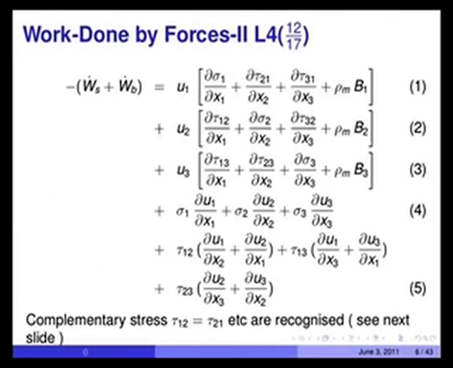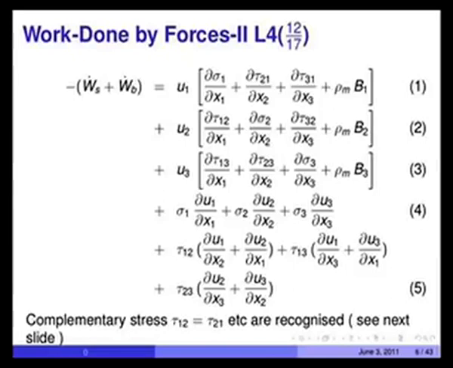So, the total work done will be u 1 multiplied by all these terms, u 2 multiplied by all these terms, u 3 multiplied by all these terms, plus sigma 1 du 1 by dx 1, sigma 2 du 2 by dx 2, sigma 3 du 3 by dx 3, tau 1 2 into the strain rate associated with tau 1 2, tau 1 3 into the strain rate associated with tau 1 3, and tau 2 3 into the strain rate associated with tau 2 3.